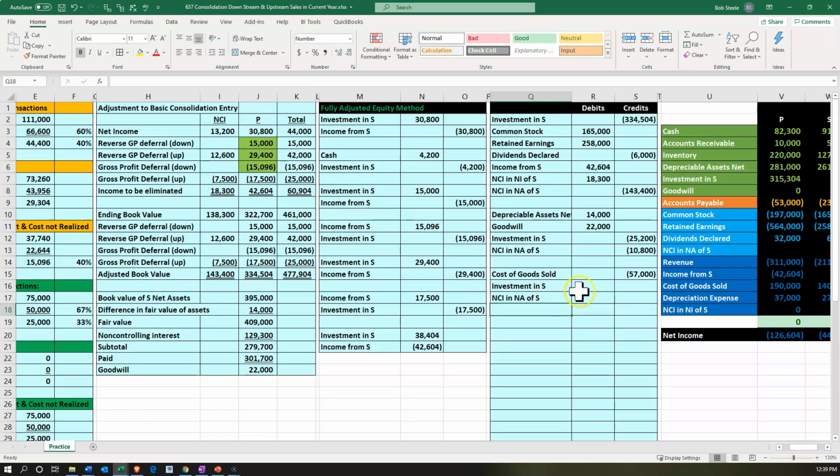We're talking about cost of goods sold that would have been recorded in the current period, an income statement account that we're going to basically move to the balance sheet side of things. So notice we're using here the other side being the investment account, balance sheet, and the non-controlling interest, rather than the income account and the non-controlling interest in the NI.